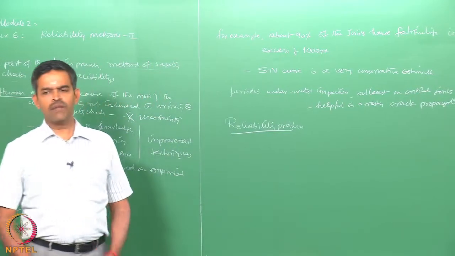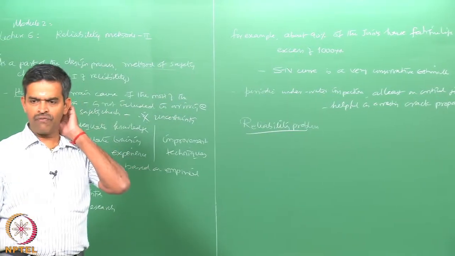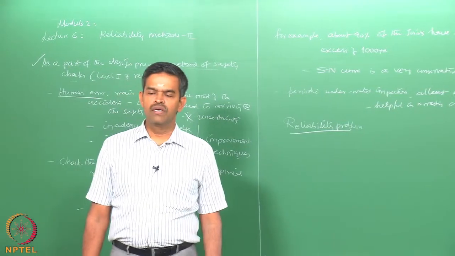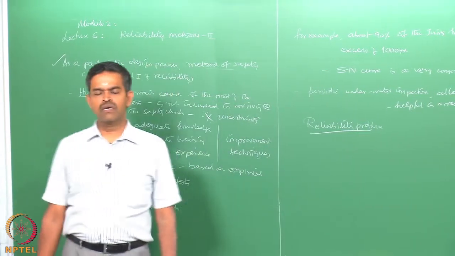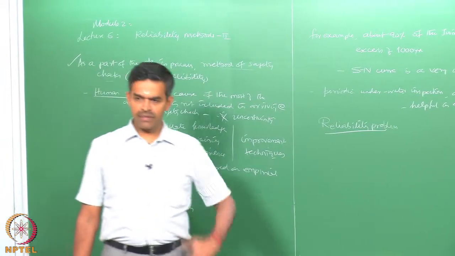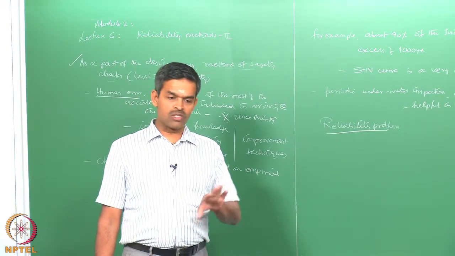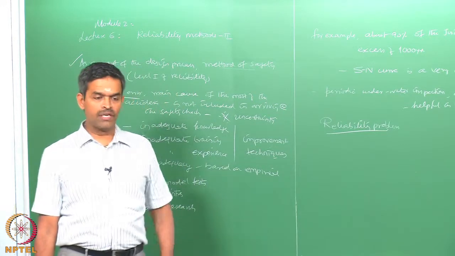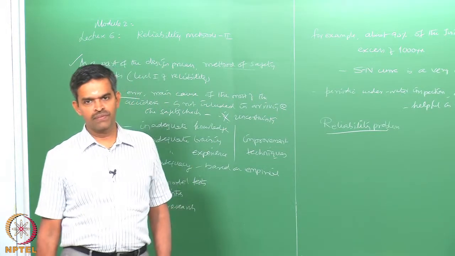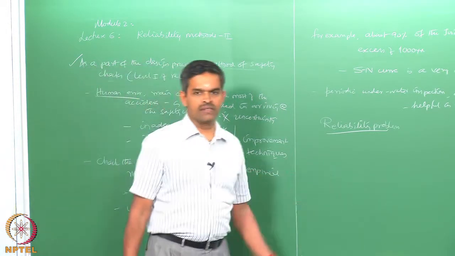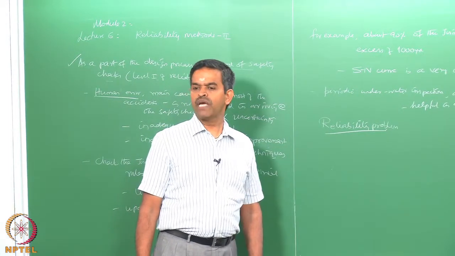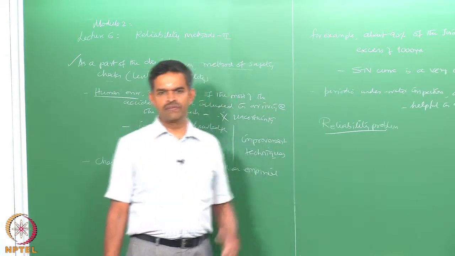Let us recollect the reliability problem is nothing but identifying a limit state function, then integrating this function in the preferred domain to really find out what is the value of this function, whether it is positive or negative, to know whether it is going to be safe or unsafe. So, reliability analysis of offshore structures could be actually formulated in different ways.